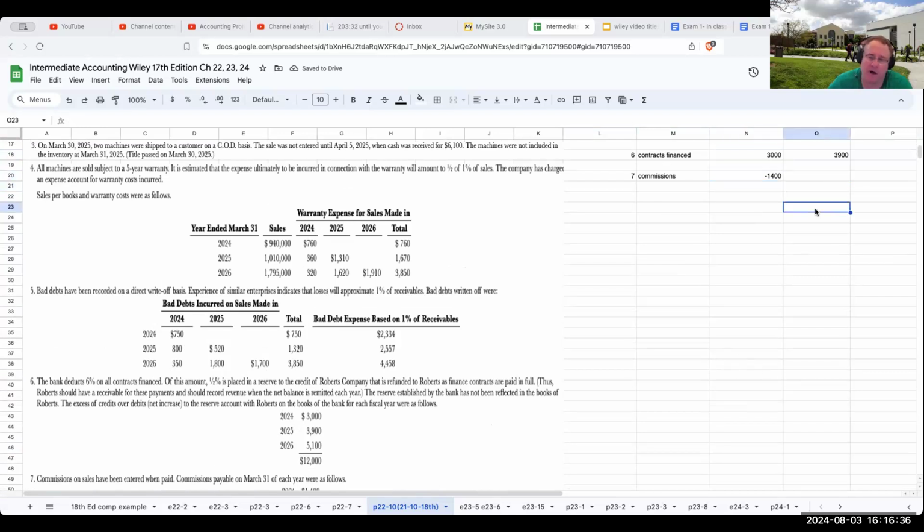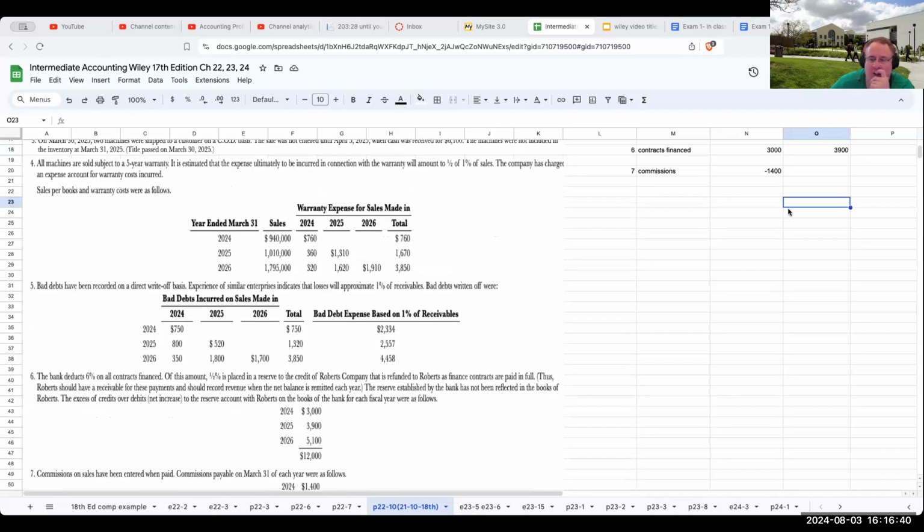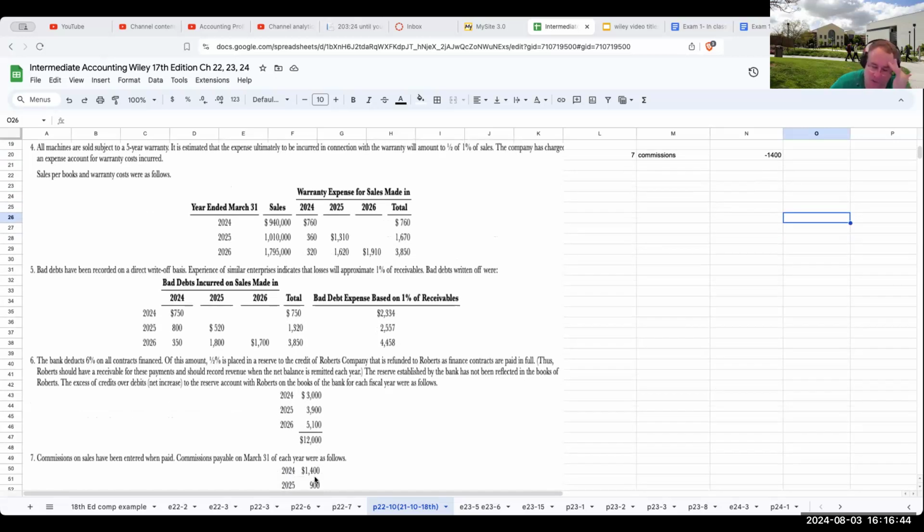So this is going to decrease my income by 1,400. Now, for the following year, this is where it gets a little bit more interesting. Because I recorded the 1,400 in the following period, it's going to show an increase from 2024.